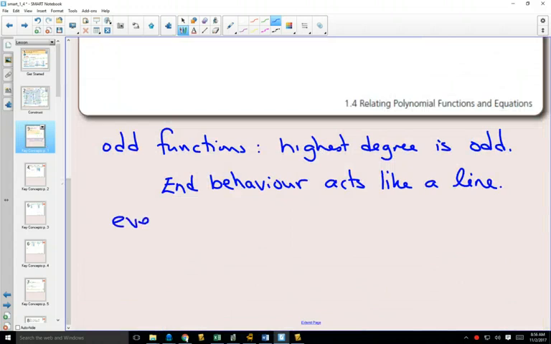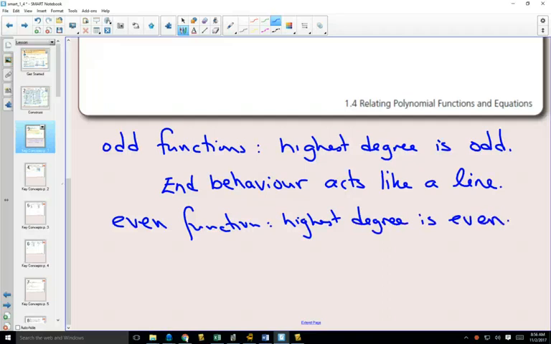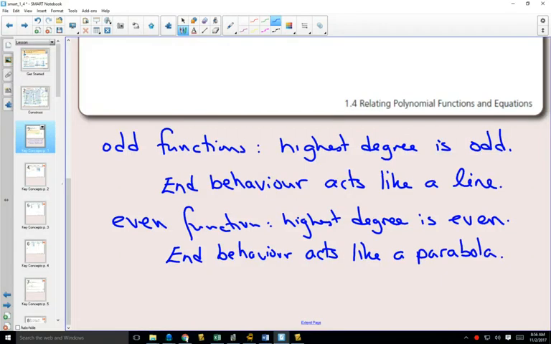And if we look at the most basic even function, that's where your highest degree is even. The end behavior acts like a parabola. So we had two even functions in our examples before.